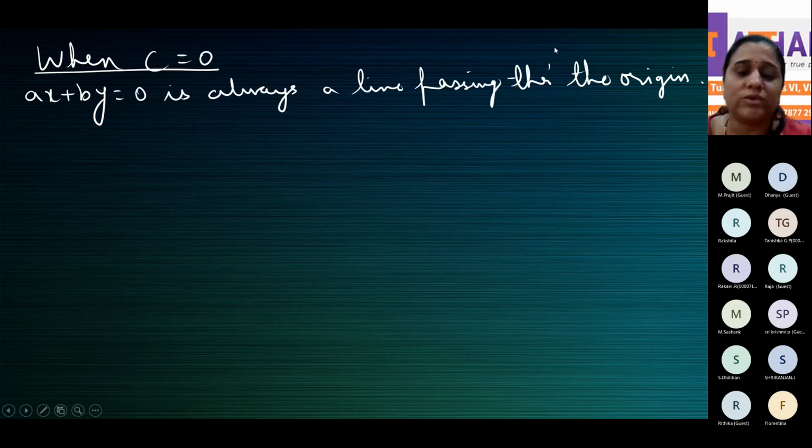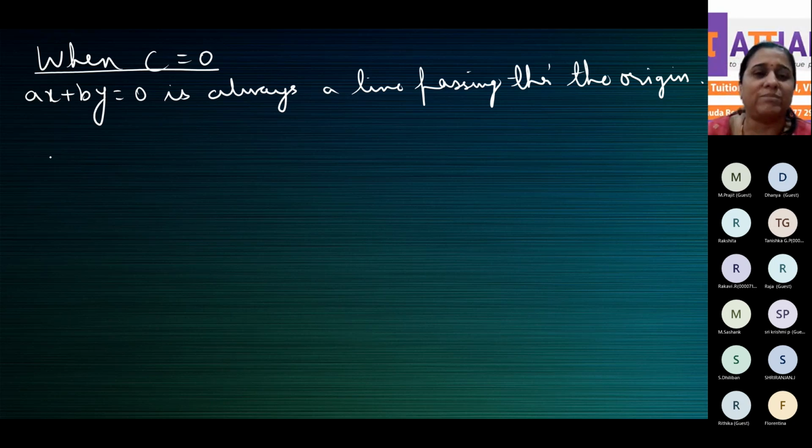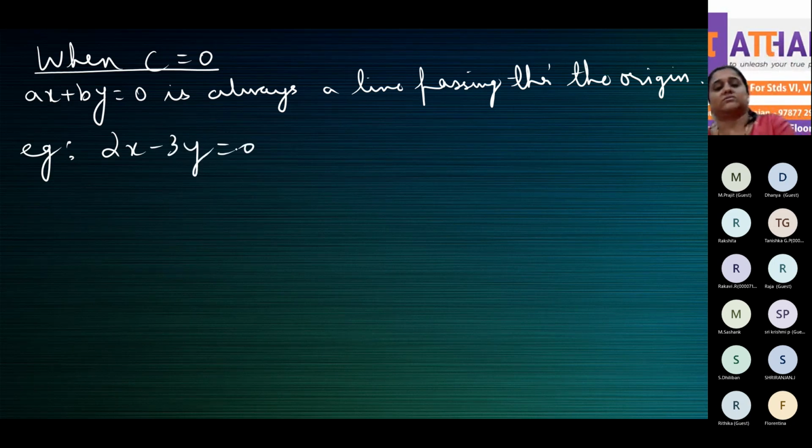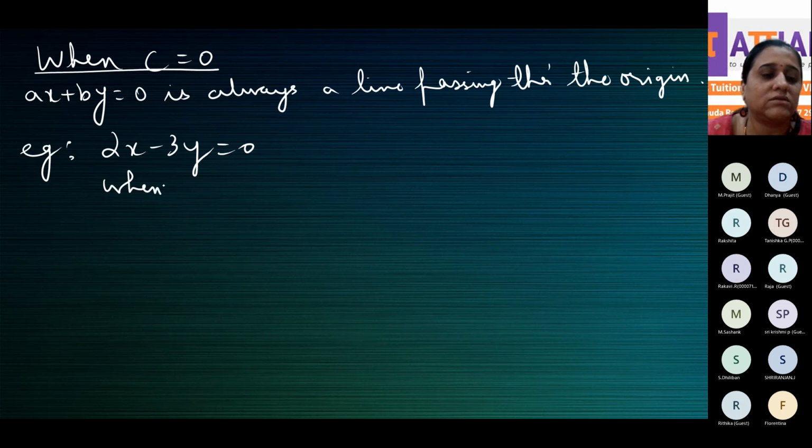So in the equation, when the value of C is 0, then the graph of that equation will always pass through the origin. We'll just take an example to see why. Write any equation of your choice. I'm just writing this for example. Now when x is equal to 0.